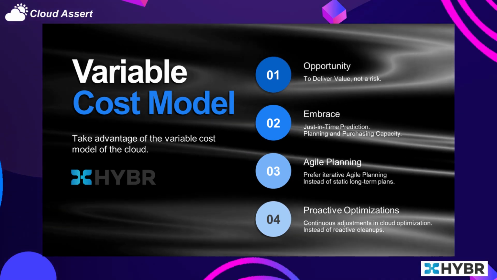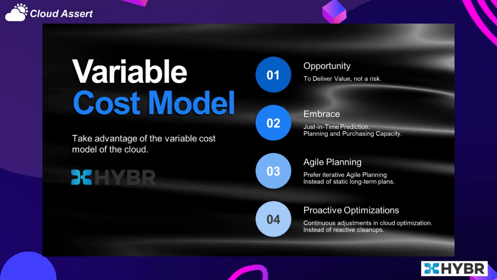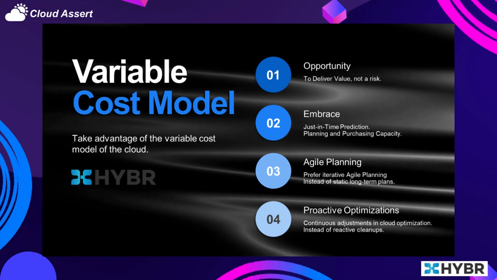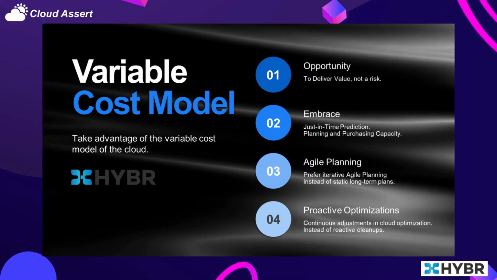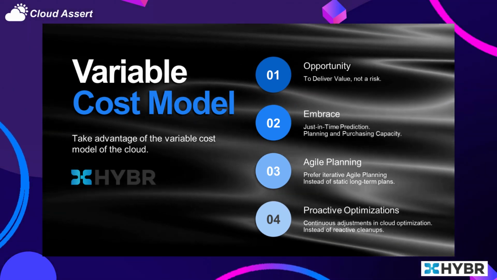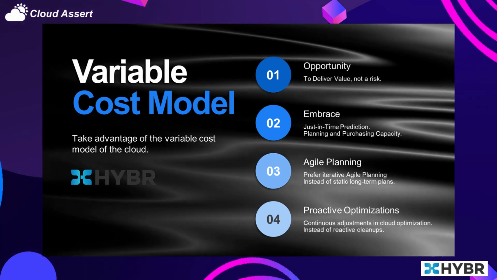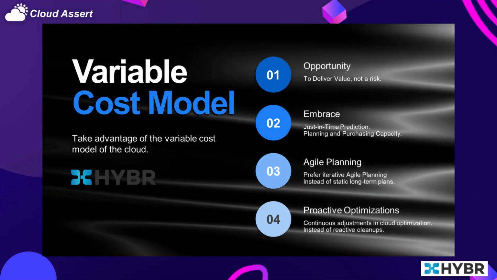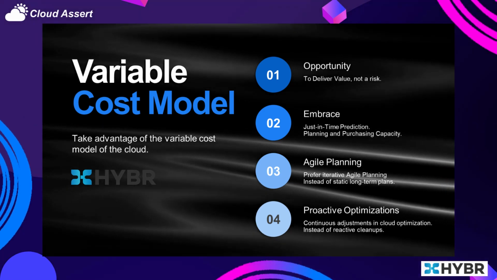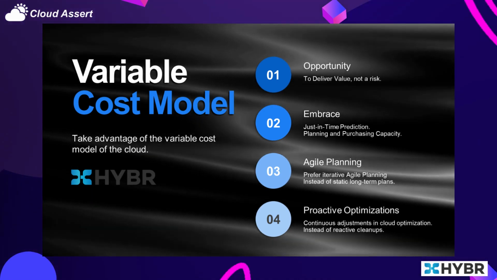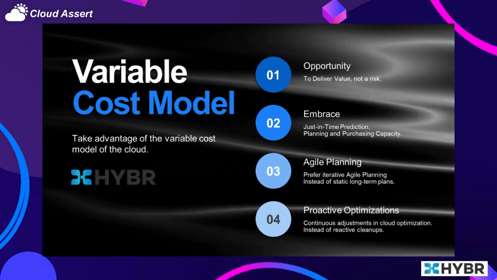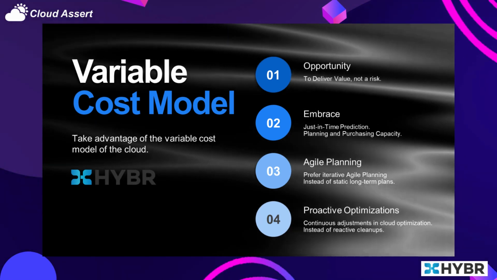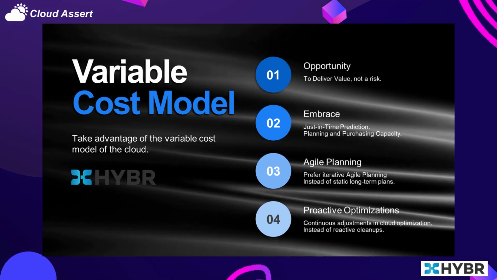So maybe in one Azure region, the same VM may cost, let's say $150, but the same SKU may cost $120 in another Azure region. So this is an example of the variability. You have to be aware of these variations and what the drivers of the variations are.